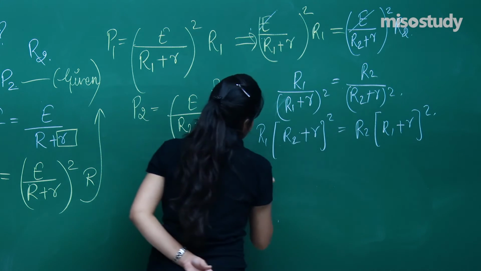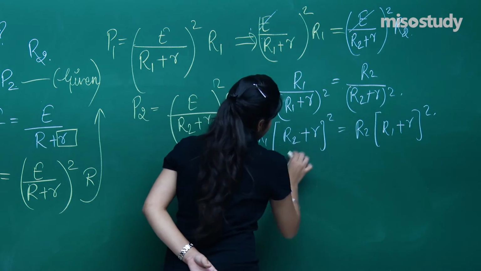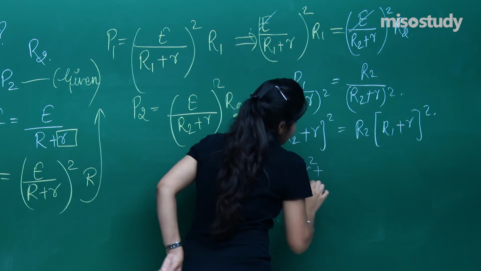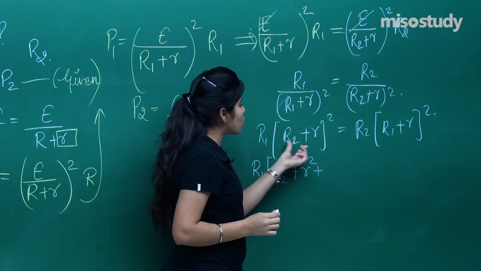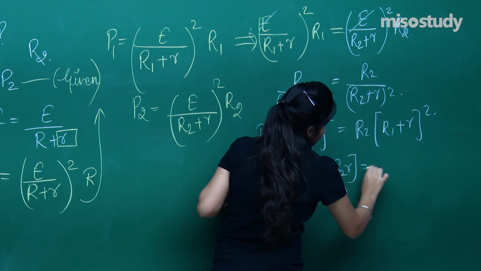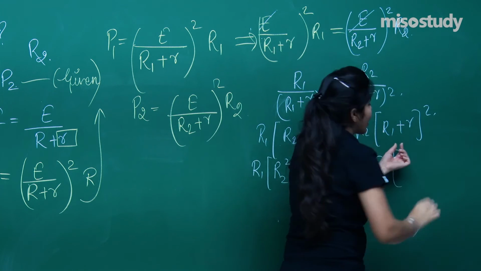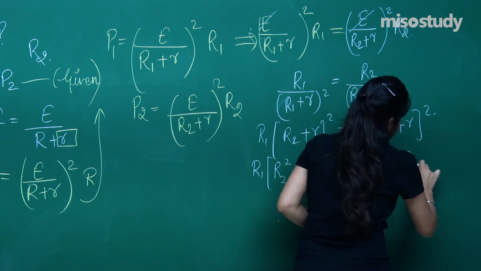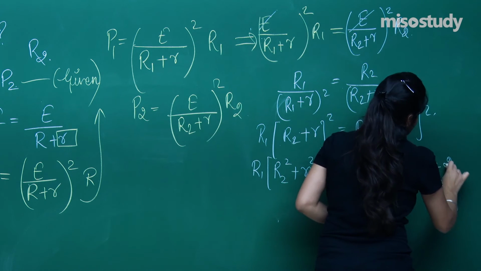That will be R1 into R2 square plus r square plus 2 into R2 into r, equals R2 into R1 plus r whole square. Apply the same formula, A plus B whole square, A square plus B square plus 2AB.